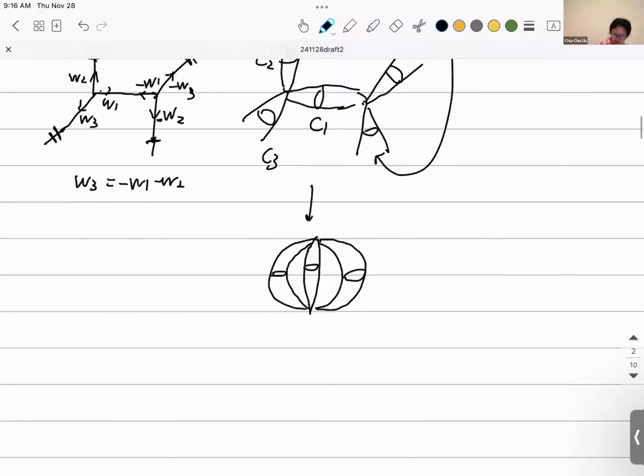So actually we have a configuration of 3 P1s intersecting at the north and south poles.